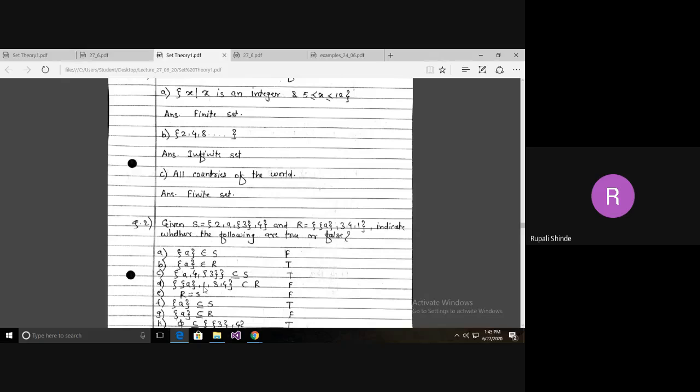Now next one, set containing set A, 1, 3, 4. This is a proper subset of R. And the answer is written as false. So why is this statement false? Again here we have to apply the concept of proper subset.